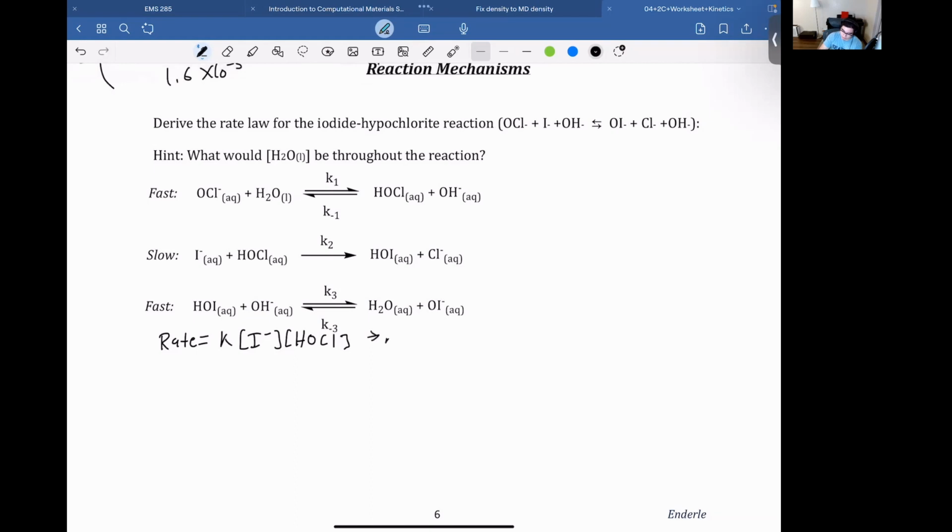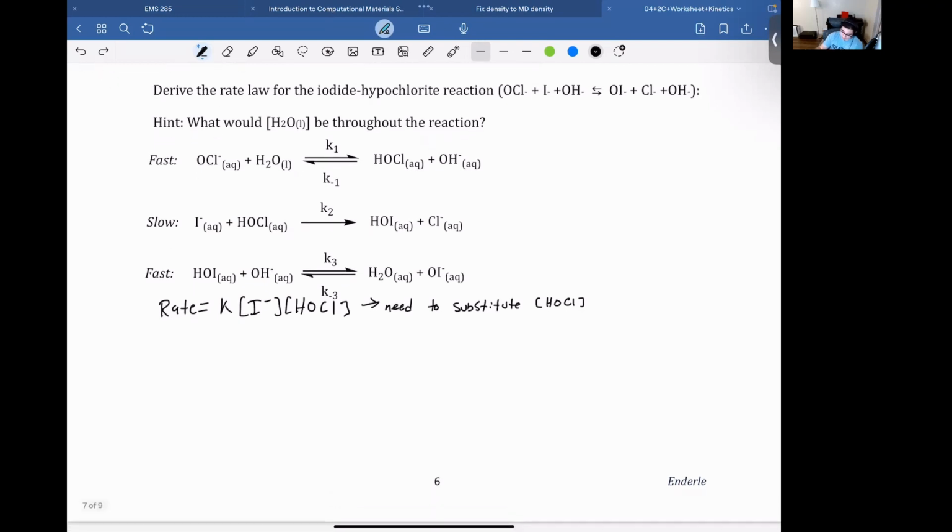So we need to get rid of, or substitute, HOCl. Looking at one of these other reactions, which one has HOCl or your hypochlorite? The top one does. So fairly simply, what we can do is write the rate law for that.